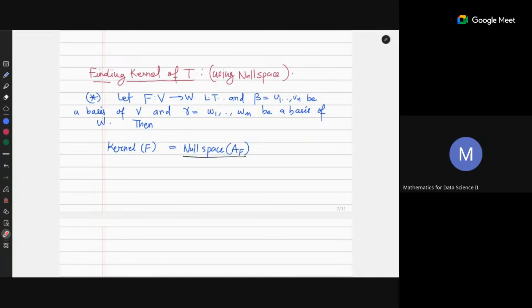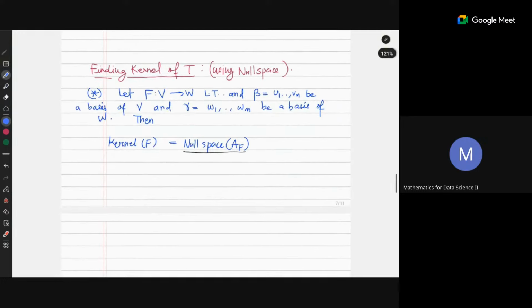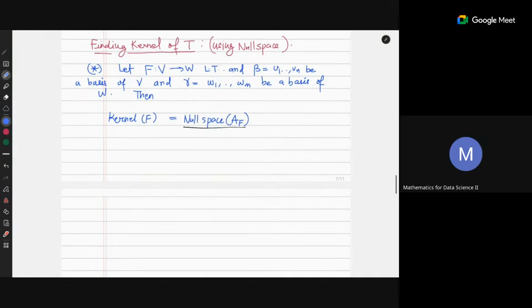Suppose you have a linear transformation f from V to W, with ordered basis V1 to Vn of the domain and ordered basis W1 to Wn of W. Then the kernel of f is nothing but the null space of its matrix. Why? What is the kernel of f? The kernel of f is the set of all vectors in V such that f of V is equal to 0.